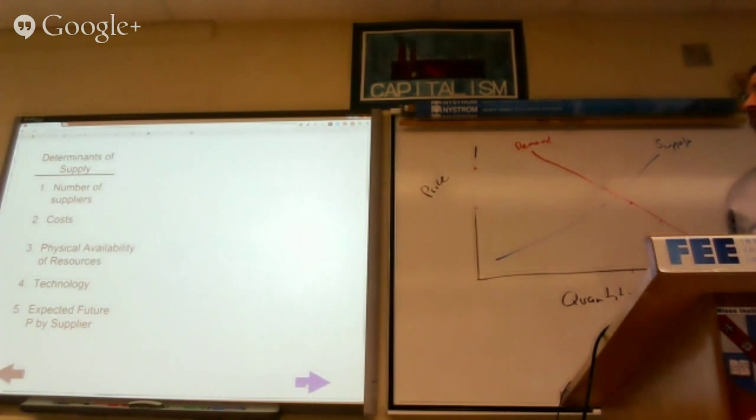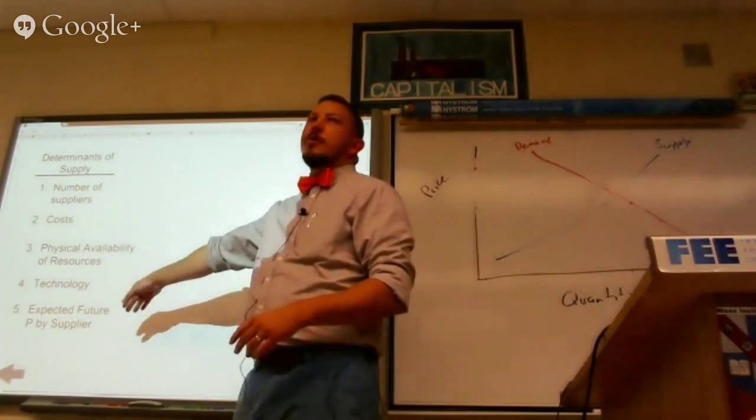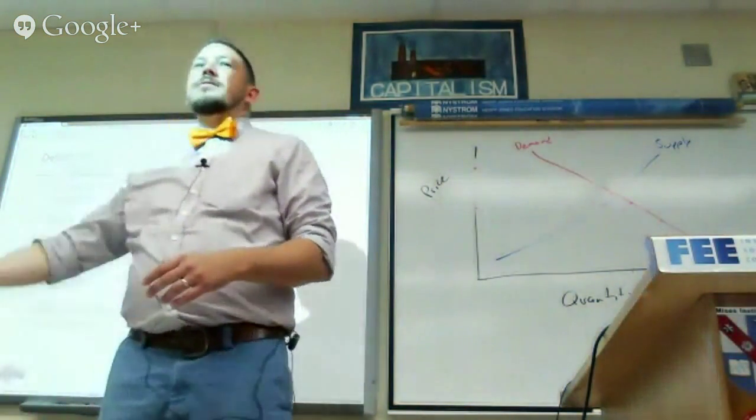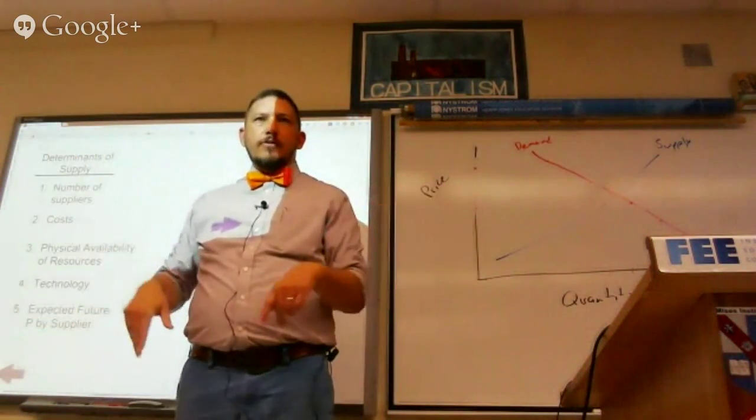I didn't even show you guys expected future price and expected future cost for drivers of demand, did I? Bogle, you're slacking. Okay. Expected future prices drive both suppliers and demand. If you expect the price of something is going to go up, you're going to buy more of it today.